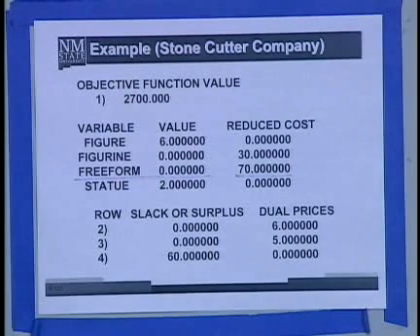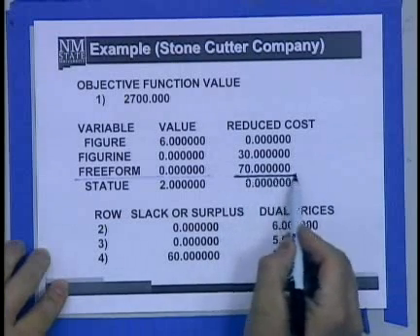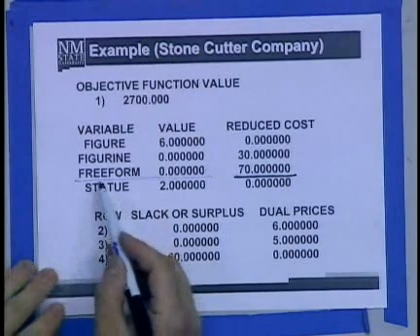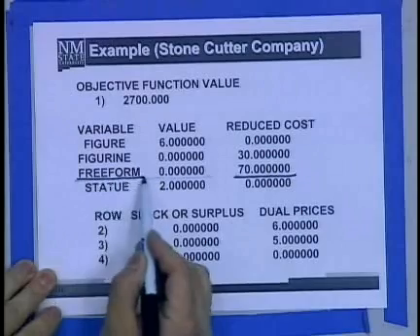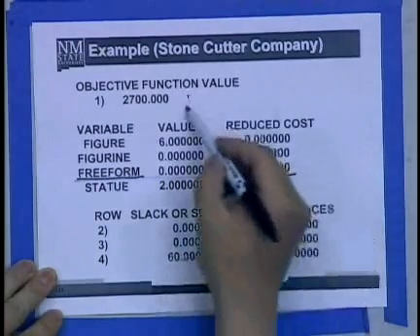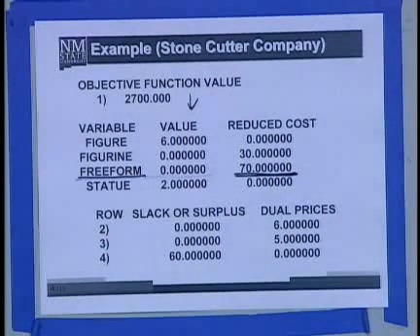Which means the profit will be reduced by this much, right? So if you make one freeform as a salesman's sample, then your profit will be decreased by 70. Okay? Any questions?